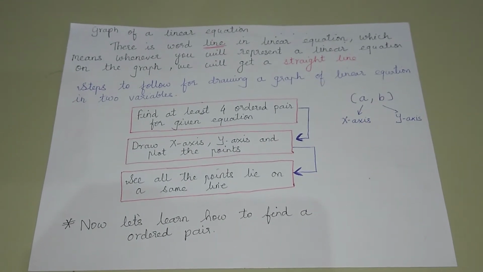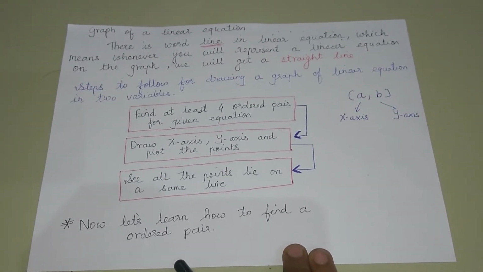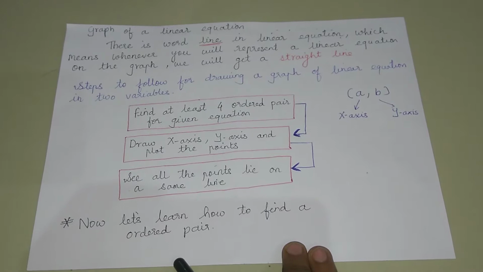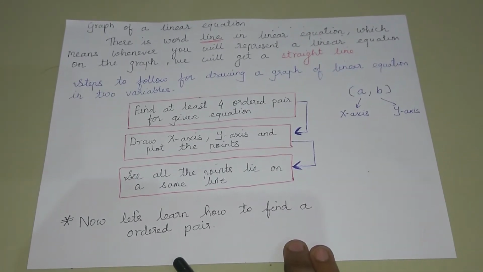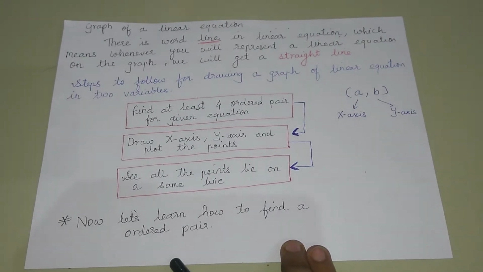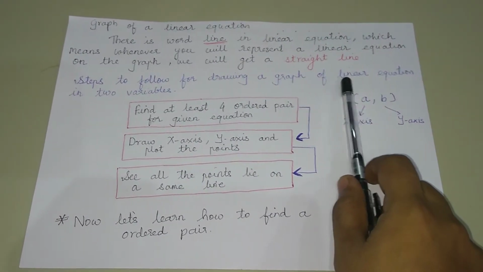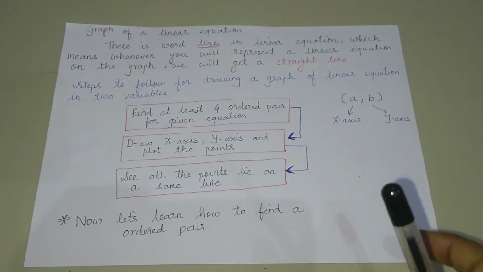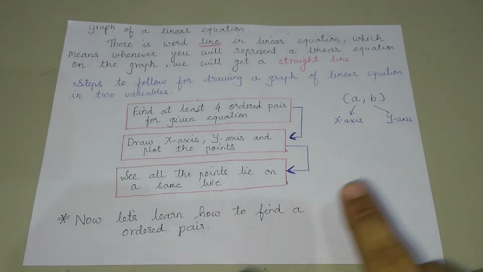Steps to follow for drawing a graph of a linear equation in two variables. As I said, the word linear itself contains a line, so whenever we represent a linear equation on a graph, it will give us a straight line.